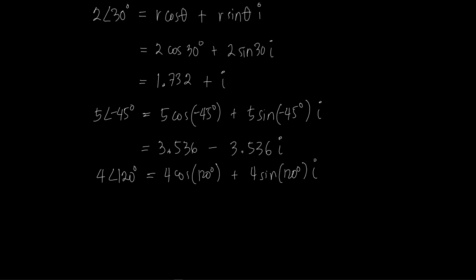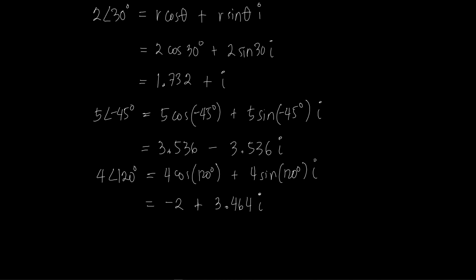The reference angle is 30 degrees, same as earlier. So 4 multiplied by cosine 120 is negative 2. Right? Then for the sine, that is 3.464. Did you get the same?